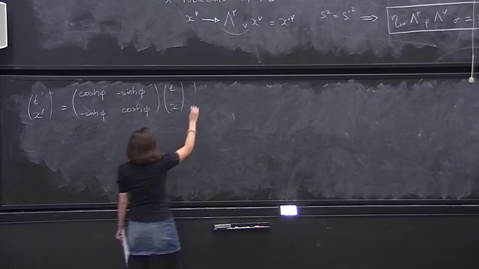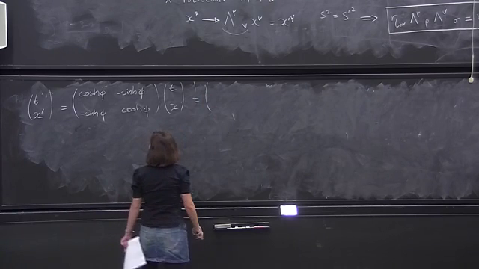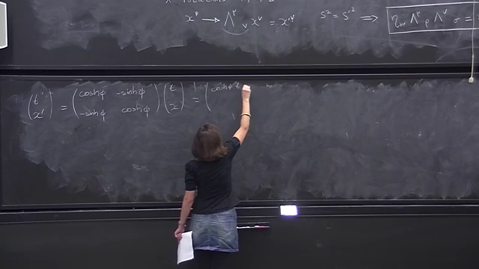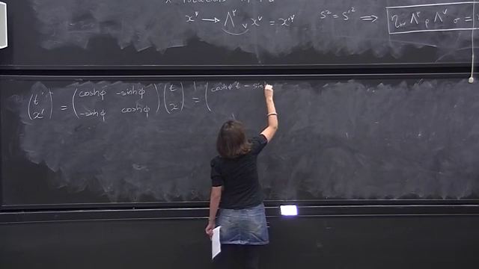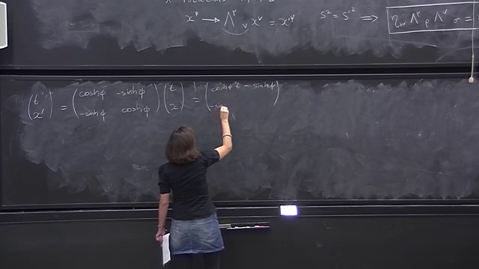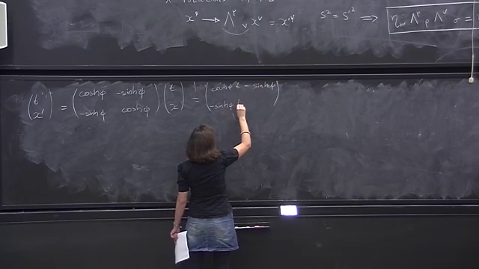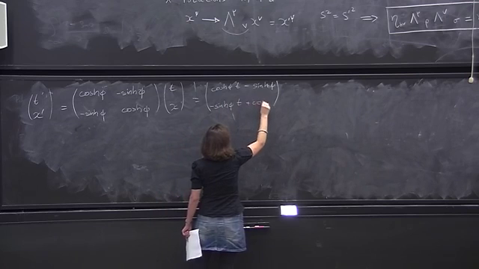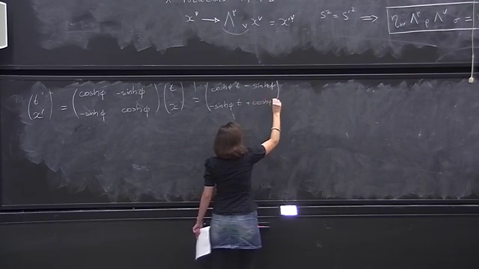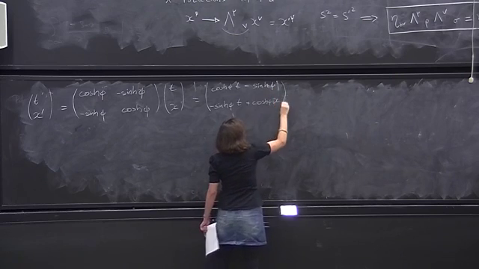Or if I want to be even more explicit, this means that t prime is cosh phi t minus sinh phi x, and x prime is minus sinh phi t plus cosh phi x.